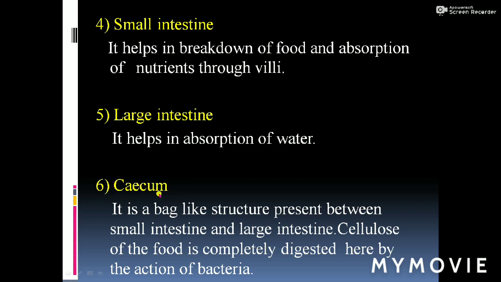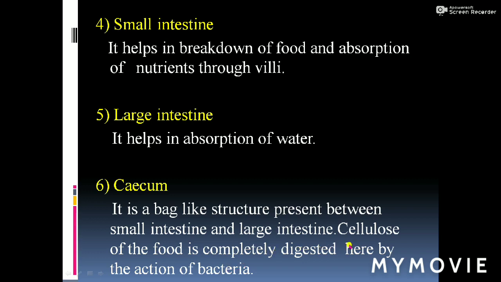This is cecum, and you have just now seen various names that are very unique names that you have to learn properly. So what is this? It is a bag-like structure present between small intestine and large intestine. Clear? The cellulose of the food is completely digested here by the action of bacteria.